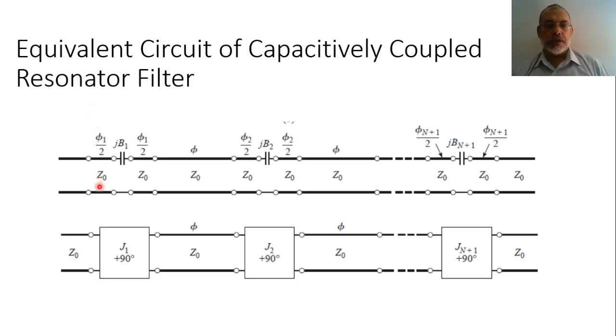So the resulting circuit would be admittance inverter G1, depending on B1, connected to a transmission line section of phase shift pi, or electrical length lambda over 2, connected to another admittance inverter J2, connected to a transmission line phi and so on.